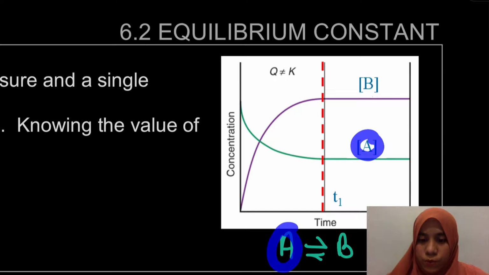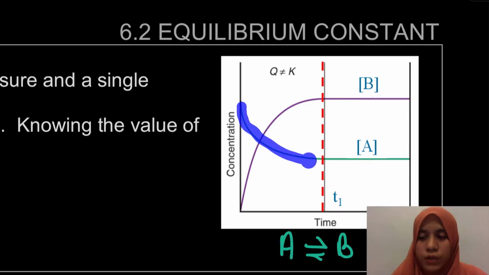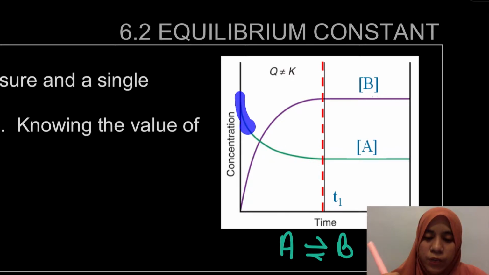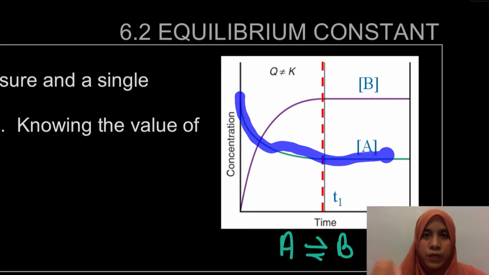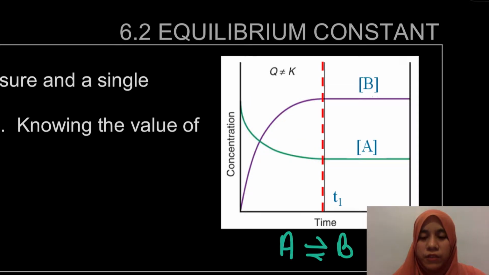As time proceeds, the concentration decreases. In other words, A, our reactant, will dissociate to form our product. So for the degree of dissociation, we want to know what percentage, or what degree, of the reactant changes to our product.